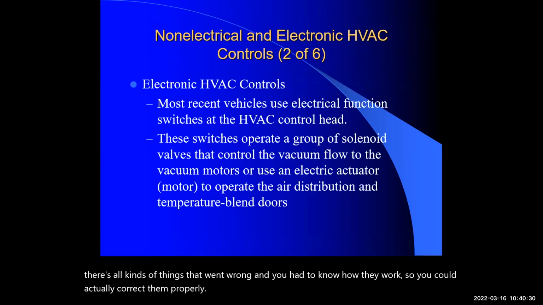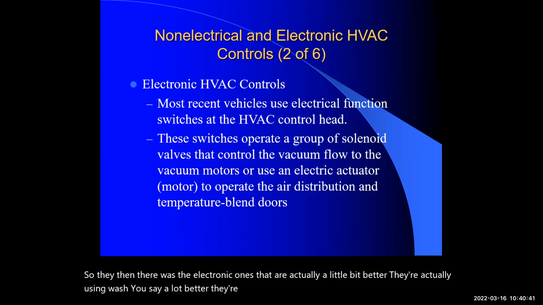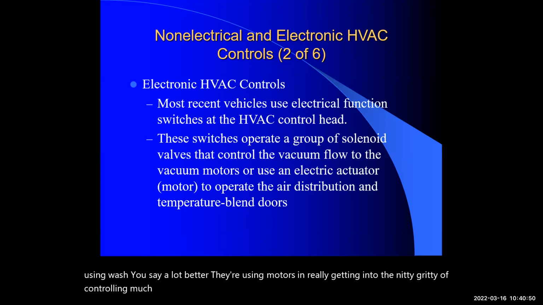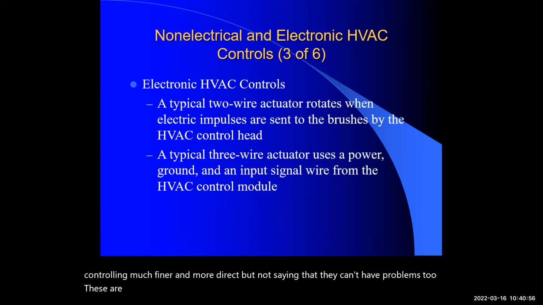Then there were the electronic ones, which are a lot better. They're using motors and really getting into the nitty gritty of controlling much finer and more direct, but I'm not saying that they can't have problems too. These are typically two-wire motors that rotate back and forth.